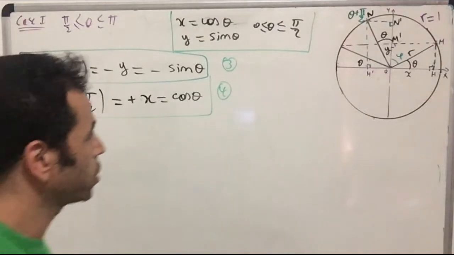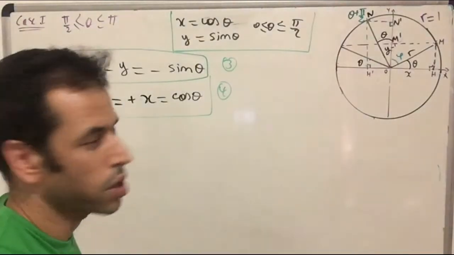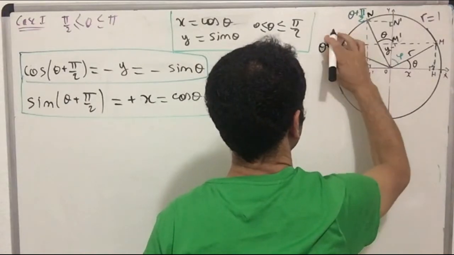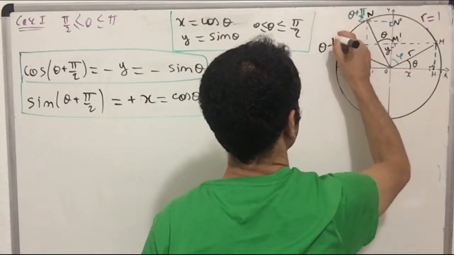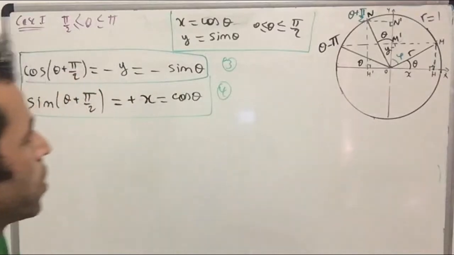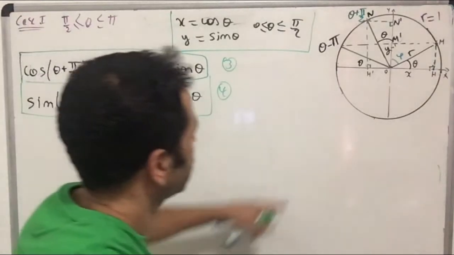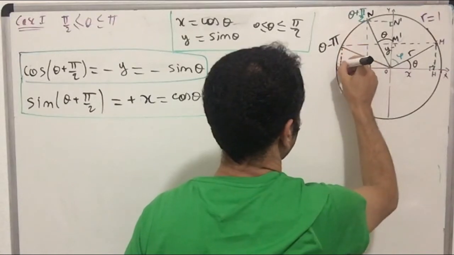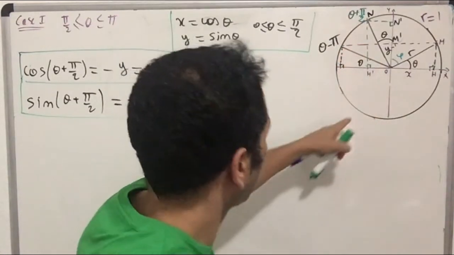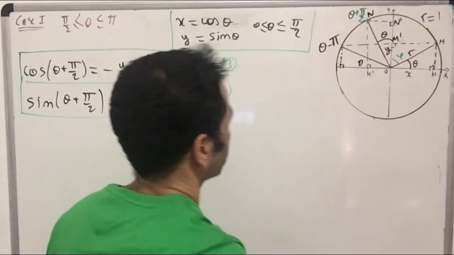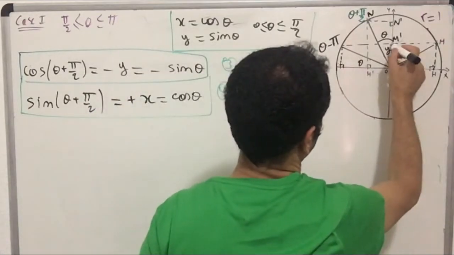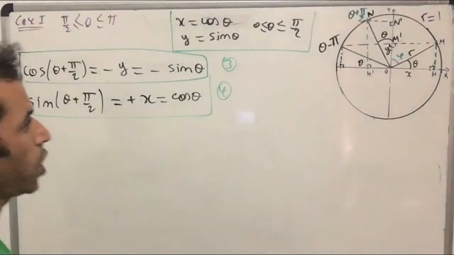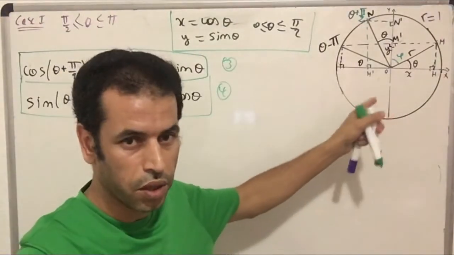Let's move on to calculate cosine and sine at the point theta minus pi. As you see, we are doing the same thing by doing the extension on the horizontal axis and the vertical axis as well. So now we are dealing with distances in this circle.